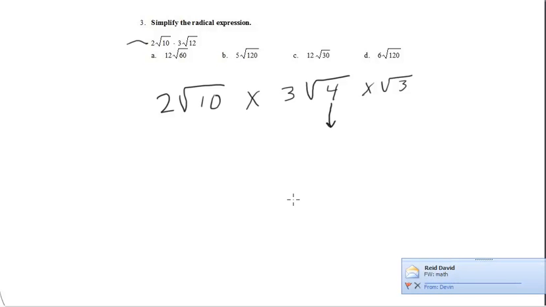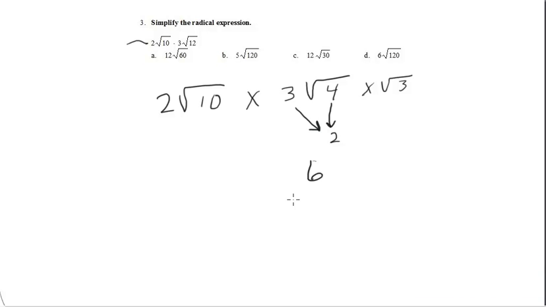So that gives me 2. Of course, I have to multiply that times 3. It gives me 6 times the square root of 3. But I also have to remember I've got this other part over here that I have to bring down, which is 2 times the square root of 10 times 6 times the square root of 3. So, I'm going to change colors here just for a second.